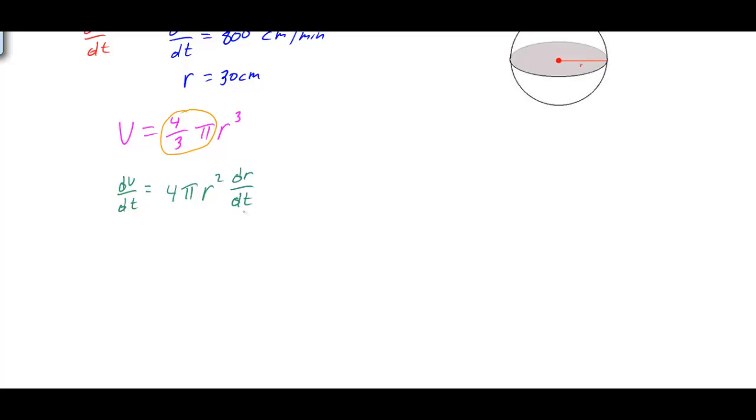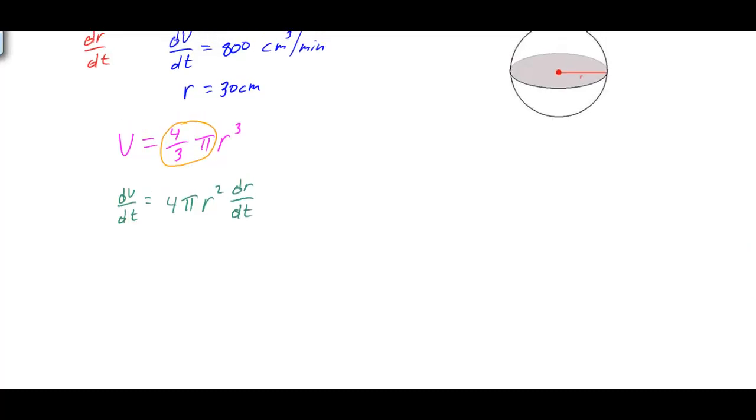And there's the derivative, and at this point we simply use our substitution. What are we looking for? We're looking for dr/dt, and we plug in dV/dt, which is 800, equals 4 pi, and r is 30 centimeters, so that would be 30 squared.